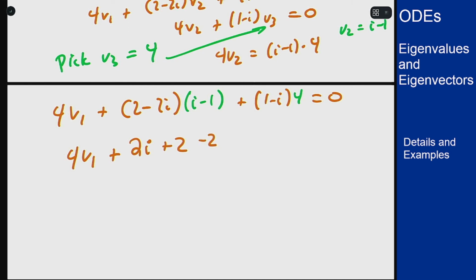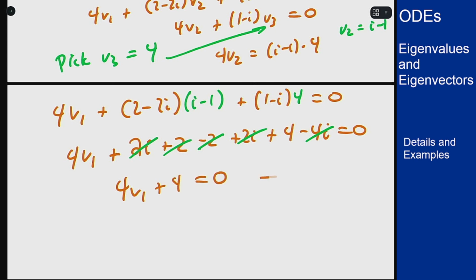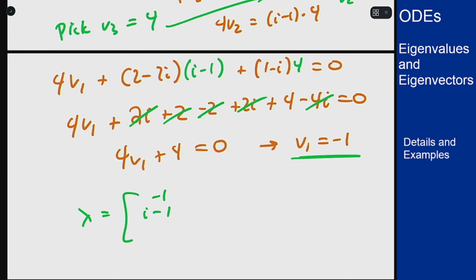And then minus 2 plus 2i. And then plus 4 minus 4i equals 0. I see a 2i, a 2i, and a minus 4i, and a plus 2 and a minus 2. So what I end up with is 4v1 plus 4 equals 0, or v1 equals minus 1. The vector I get here is minus 1, i minus 1, and 4.